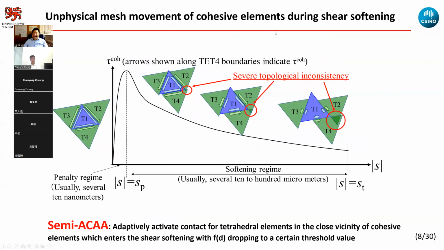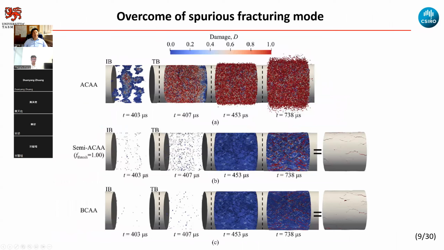So we activate the contact calculations here, just as it enters the strength. For that case, you can see we can reasonably model the failure pattern, and we save computation cost compared with the brute contact activation, which at the beginning of the calculation activates the repulsive force and contact forces everywhere.